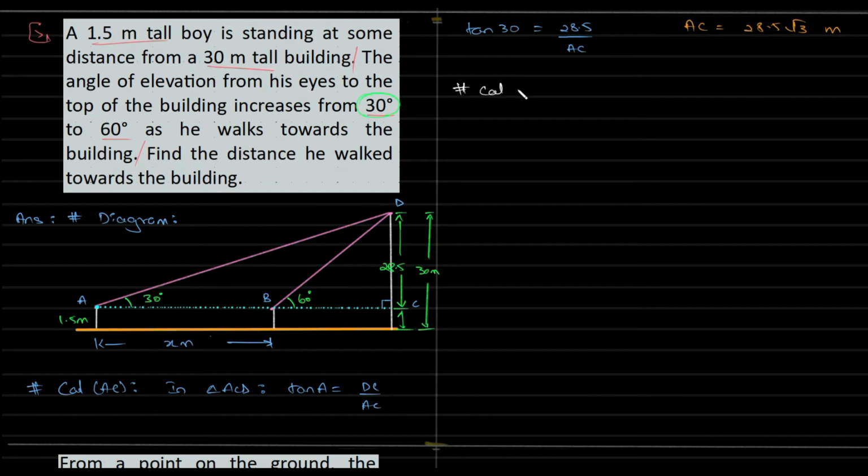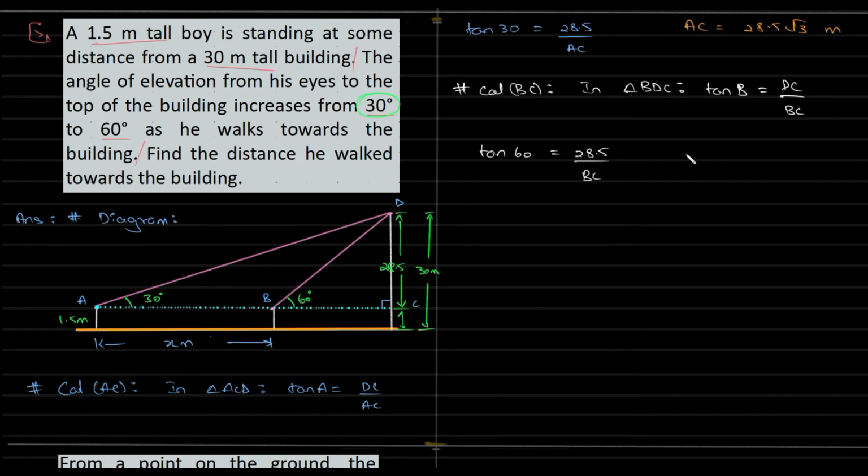Okay, next. Calculating BC in triangle BDC, tan of B, right? Tan B is opposite DC by adjacent BC. So we have tan 60 is equal to 28.5 divided by BC. Oh yeah, I thought I made a mistake, but no, I didn't.